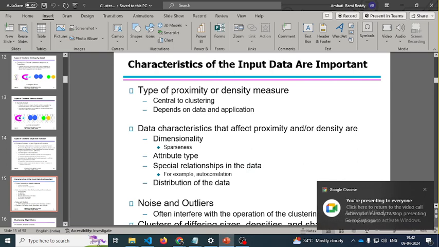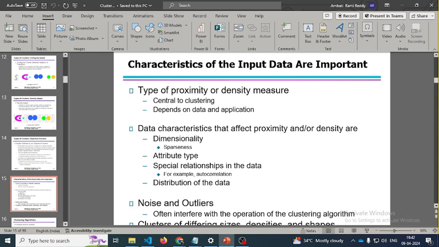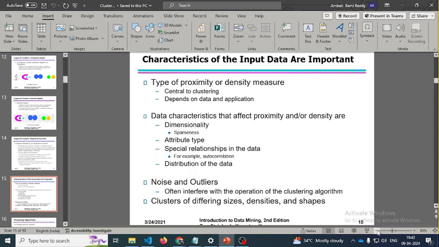The second one is data characteristics that affect proximity and density, like dimensionality, attribute type, special relationship in the data, and distribution of the data. You need to observe those things. So that will be the next characteristic.